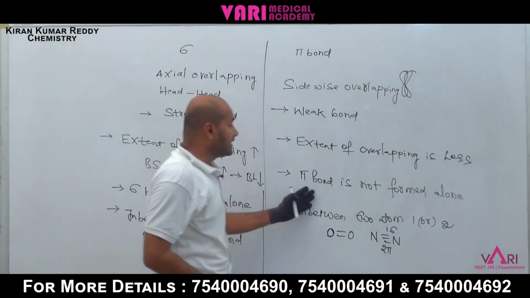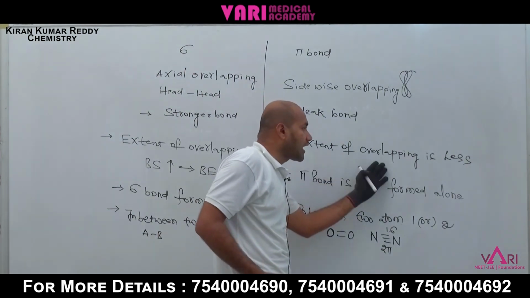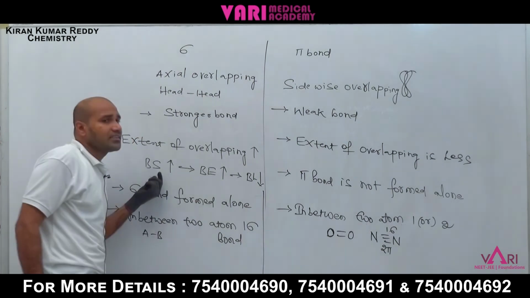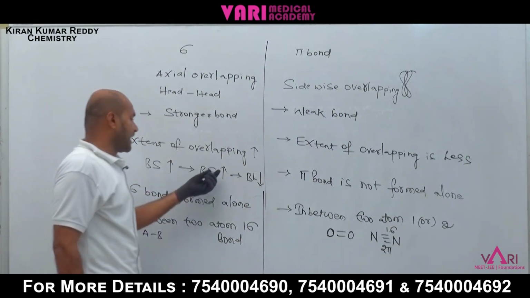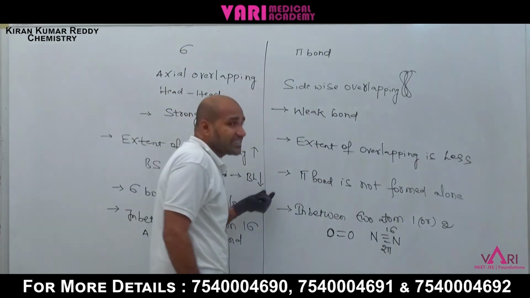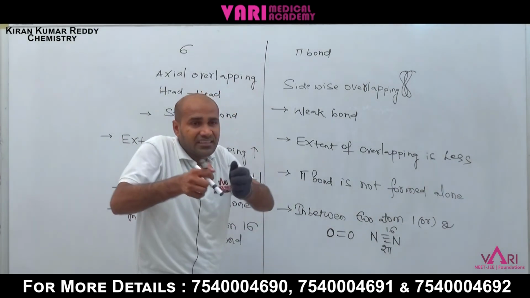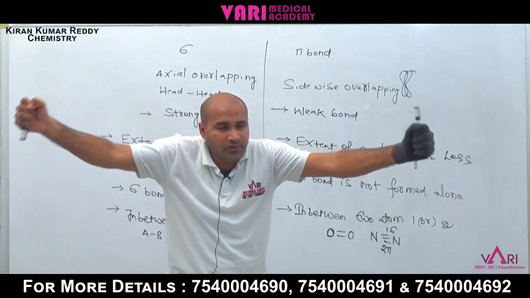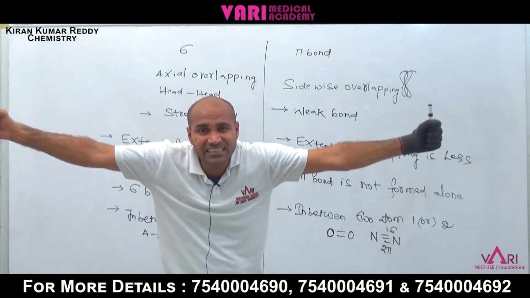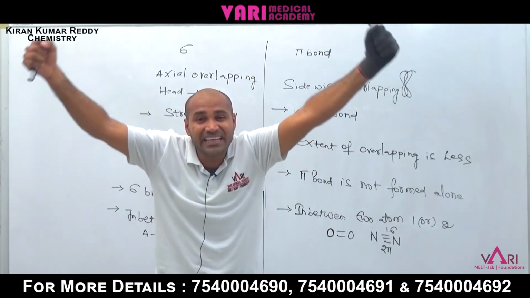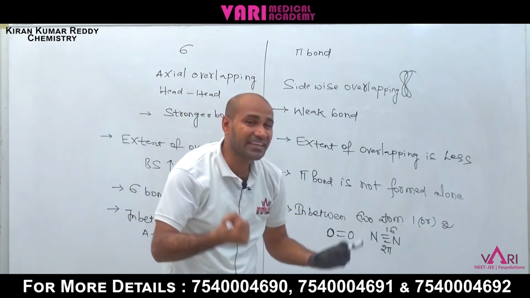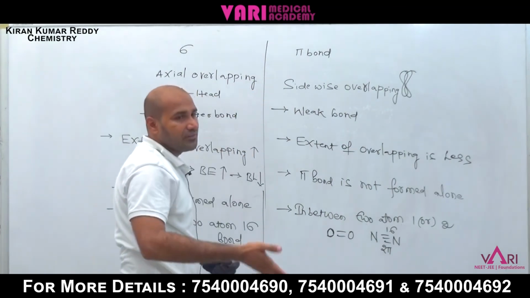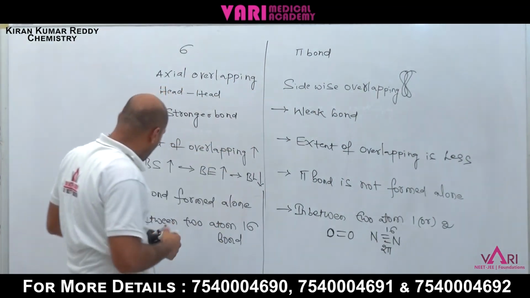In pi bond, the extent of overlapping is less, so bond strength decreases, bond energy decreases, and bond length increases, because these two atoms are far away. What is bond energy? The amount of energy required to break the bond.